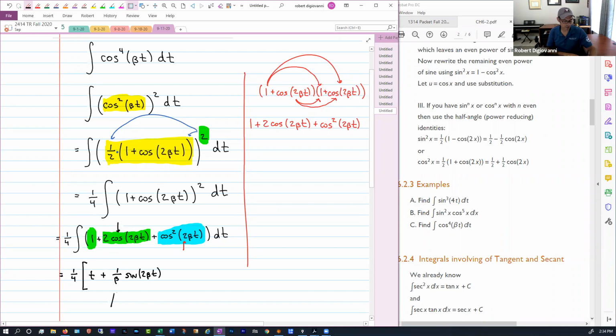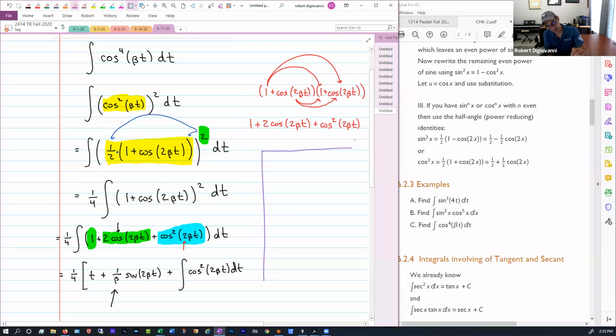So I'm really trusting that you can get that 1 over beta out front using the formula. But then I still have to do plus the integral of cosine squared of 2 beta t dt. And I think to do that, I'm going to just do it right over here.